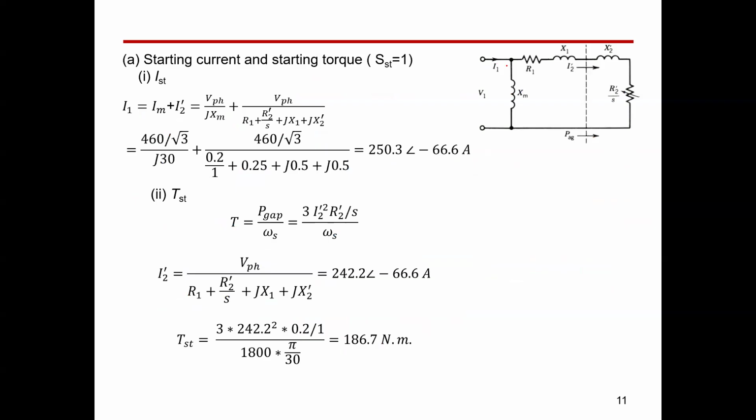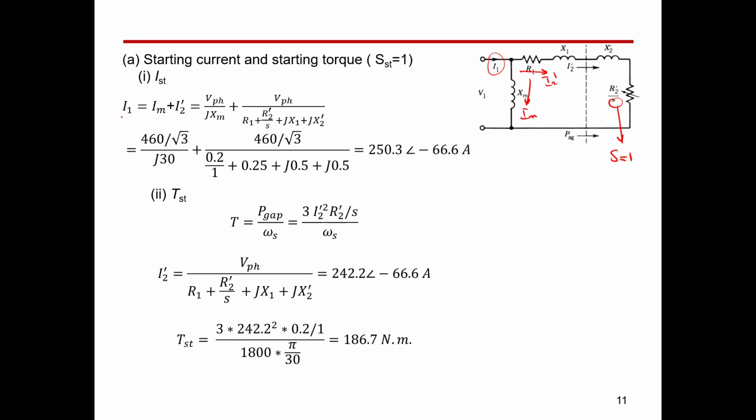So this is our equivalent circuit, guys. This is R1, X1, X2 prime, R2 prime divided by S, and Xm. For the starting, you know S equals 1. So you can have the equation now: the input current I1 equals I2 prime plus Im.